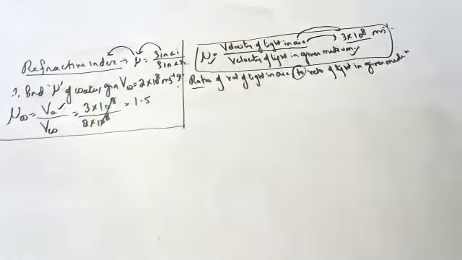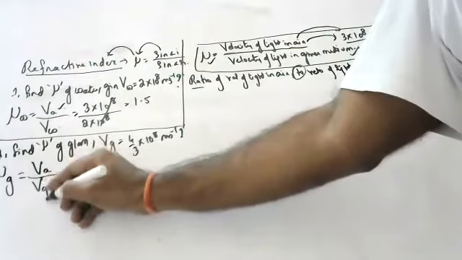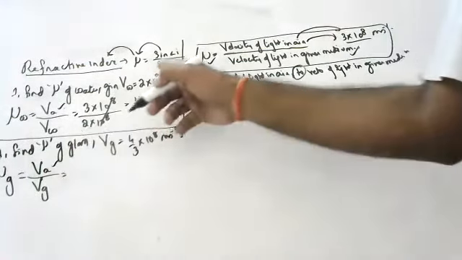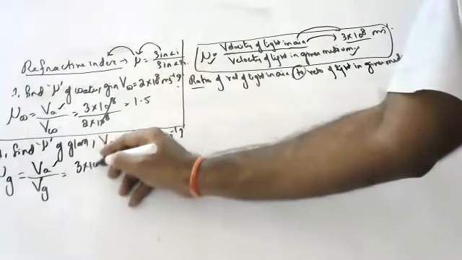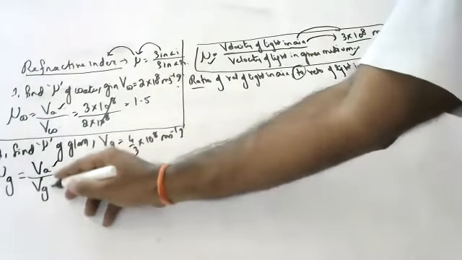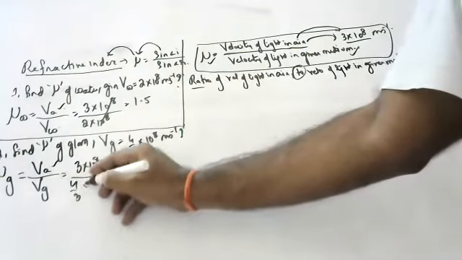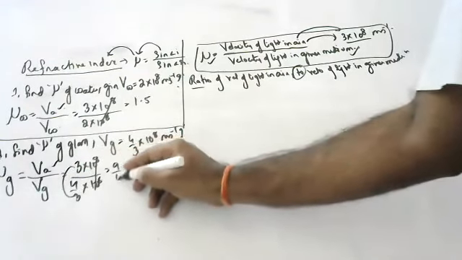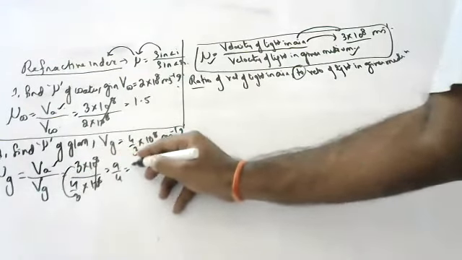Refractive index of glass is equal to velocity of light in air by velocity of light in glass. This is constant, 3 into 10 to the power of 8. And this is 4 by 3 into 10 to the power of 8. 3 will come out. 9 by 4 is equal to 2.25. Okay, children.